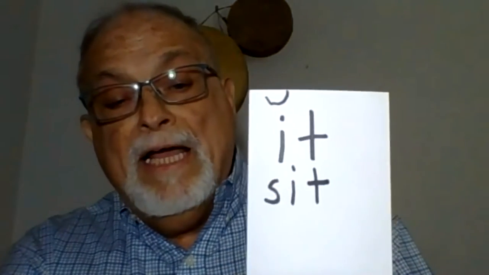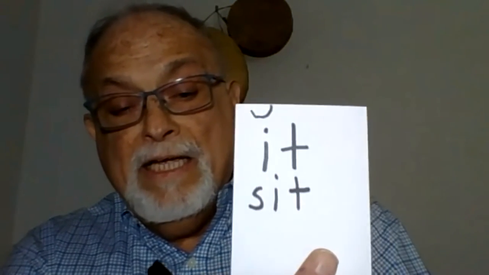I'm going to give you another word. It's going to be S-I-T. If I look at the word S-I-T, what does the word end in? Does it end in a vowel or a consonant?